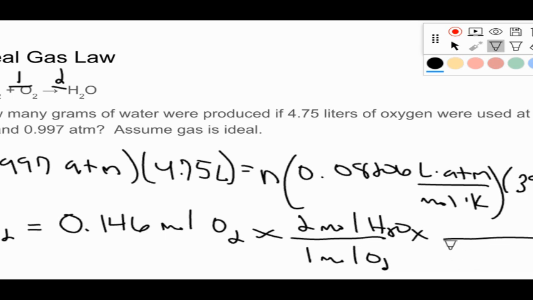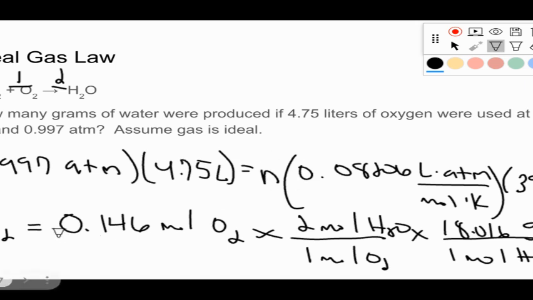Then on the bottom is going to be 1 mole of H2O to my grams of H2O on top, which is 18.016. This comes from the periodic table. I add 2 hydrogens and 1 oxygen. So then I'm going to mathematically calculate it out. And I need 3 sig figs.